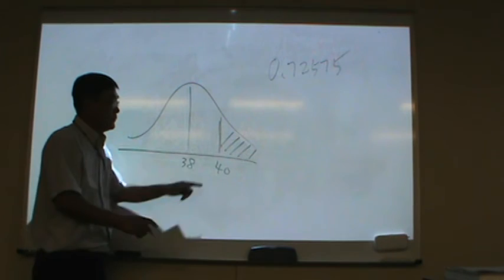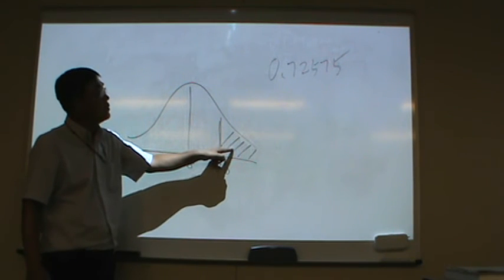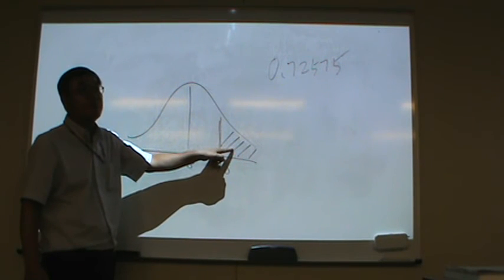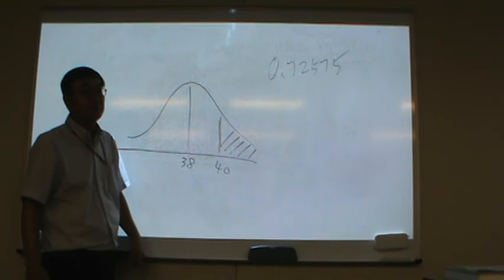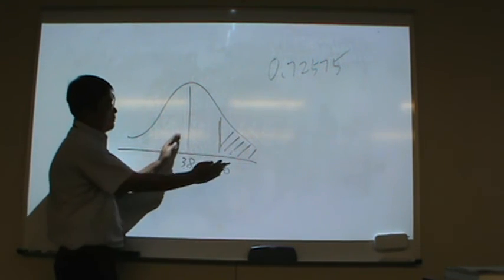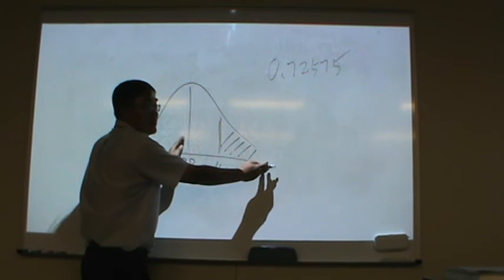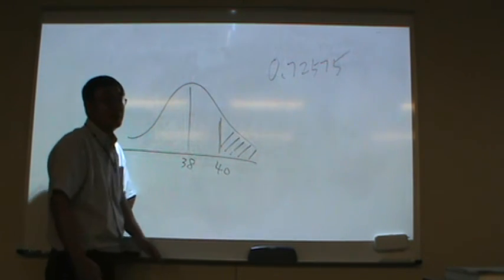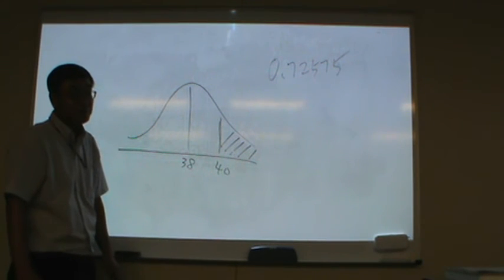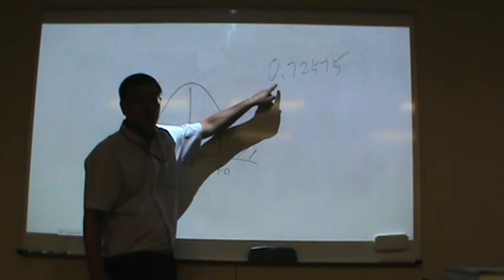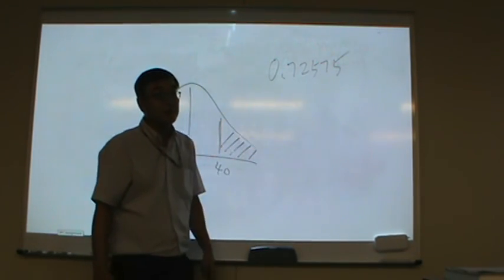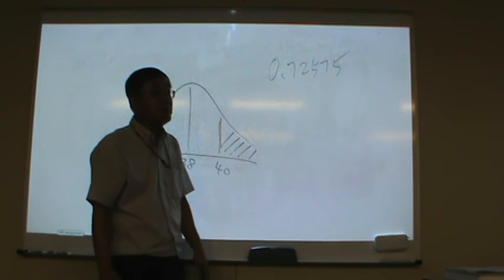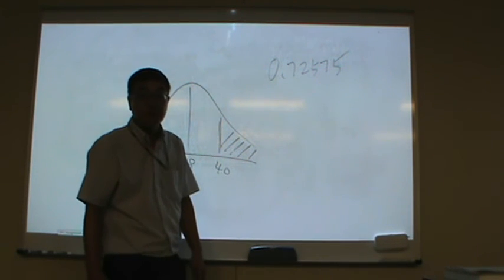What do you think? This is 72.575%. Too much, right? This is 0.5, right? But this one should be smaller than 0.5, right? But the given area is 0.72575, too much, right?